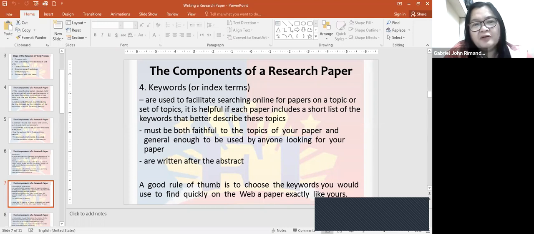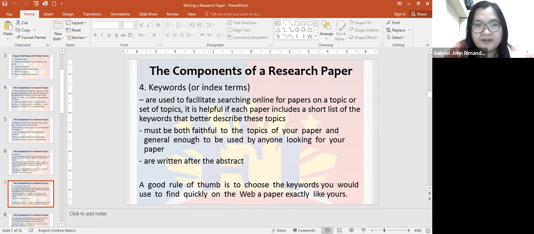So if you type mental health, all the work that deals with mental health will be shown. That is one tip or one clue that I will give you to guide you as you work on your research paper. You can start doing that in your own research paper.